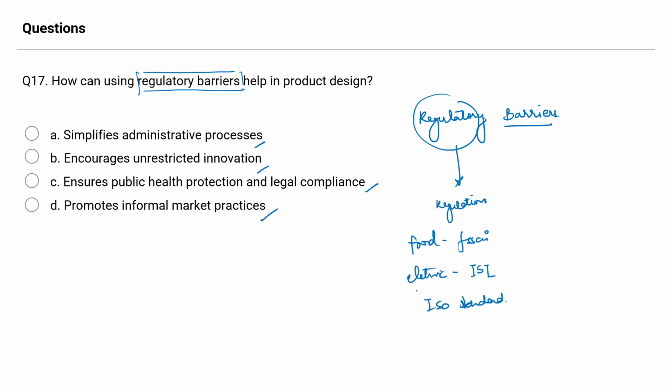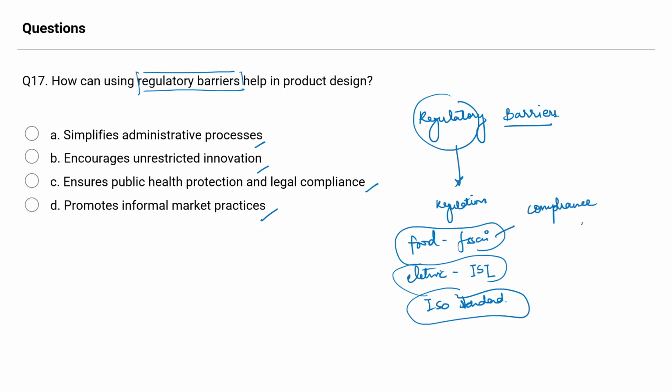So those are the regulatory bodies for various domains which you have to be in compliance with, because they convey that you are meeting certain standards. So we've got one vote for option C. Let's wait if we get more votes, and we'll tell the correct answer.